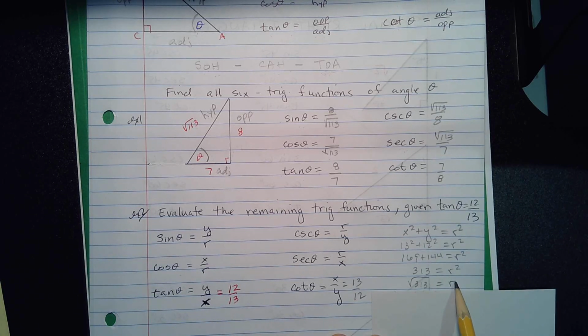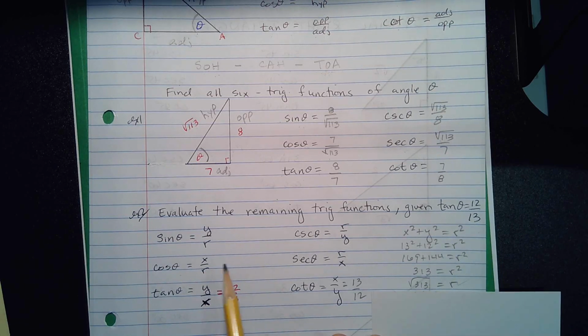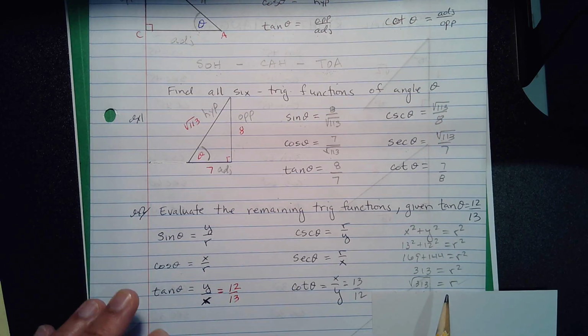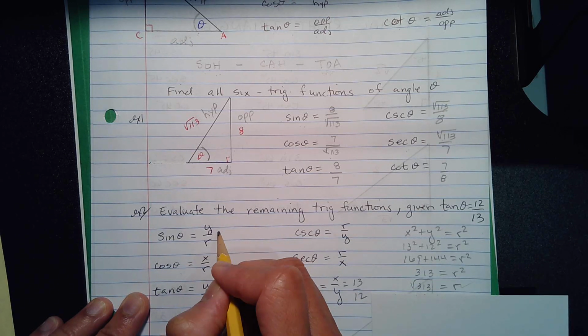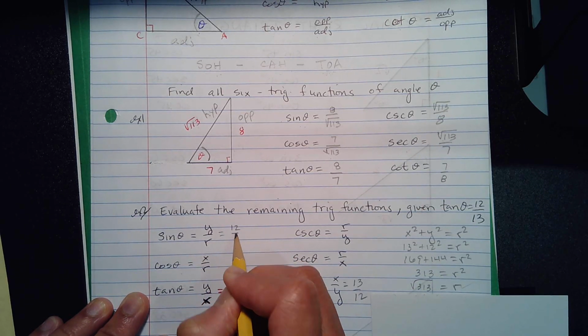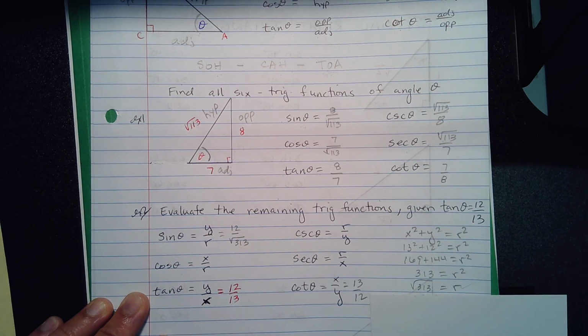So we have our r, we have our y, we have our x. Well, now we just substitute all our values in. We said y is 12, so sine theta is 12 over r, the square root of 313.